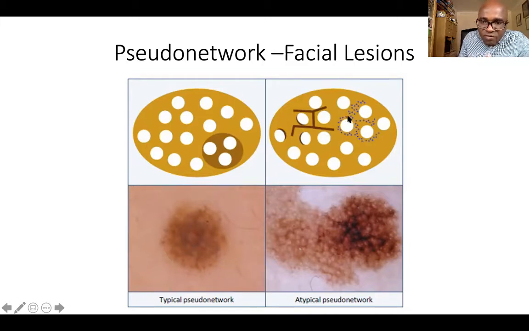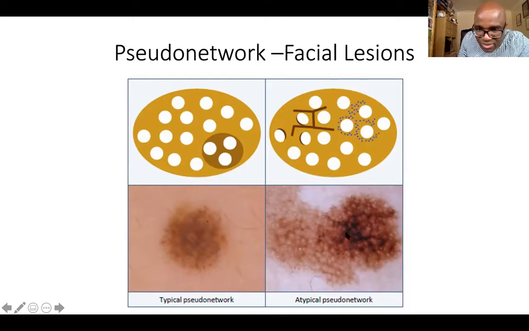When it starts evolving, there is a pagetoid spread of the melanosomes. You can see that it gets darker in these areas, in what you call the rhomboid structures. So these dark areas are rhomboid structures. You can see it's so different from the typical network.